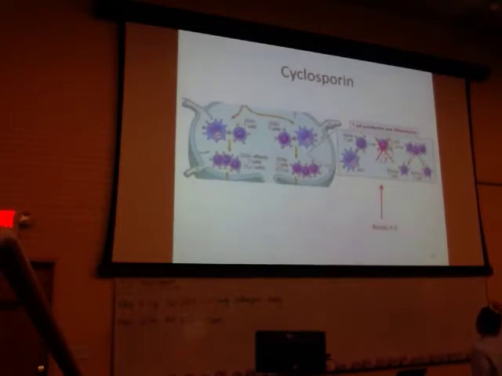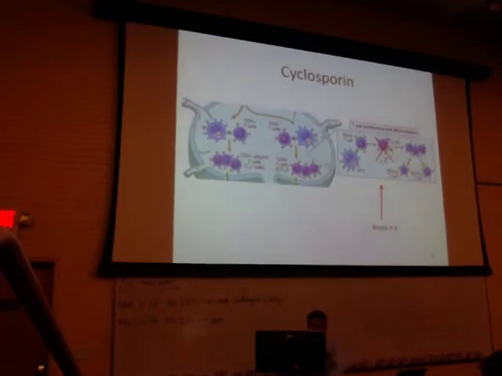If it never manufactures IL-2 to bind to the IL-2 receptor on itself, right, this is autocrine co-stimulation, then these populations of effector T cells and memory T cells never get made. So cyclosporine specifically blocks IL-2 production, and it's considered an immunosuppressant drug as a result.